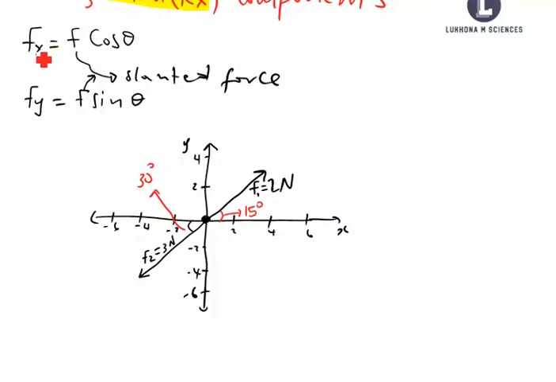Let's start with Fx. We have two forces, which means we are going to have two x forces. Okay, that is Fx. So we are going to resolve components. This force is in this quadrant, where there are negative x and negative y, which means we are going to have the force here, which is our Fx.